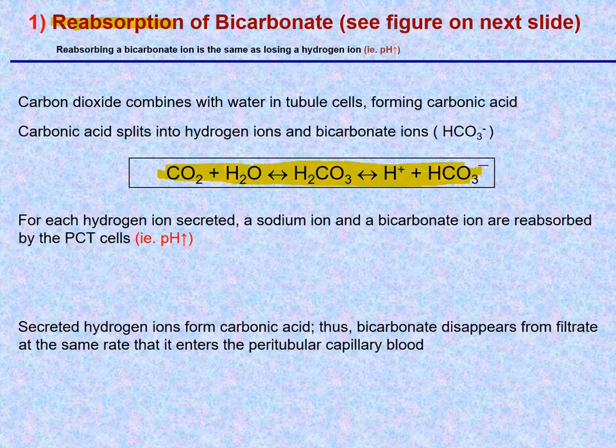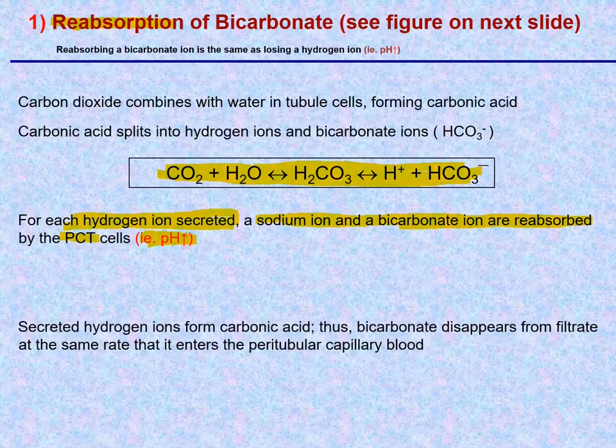What happens is that you have bicarbonate getting reabsorbed by tubular cells in the proximal convoluted tubule as a hydrogen ion gets secreted. Each time a hydrogen ion gets secreted into the tubular system, and this is all part of the secretion, I told you about the three mechanisms that are occurring in the kidney: filtration, reabsorption, secretion. This is one of the things that can potentially be secreted. Hydrogen ions are secreted, and a sodium and a bicarb ion get reabsorbed, resulting in a rise in the pH.